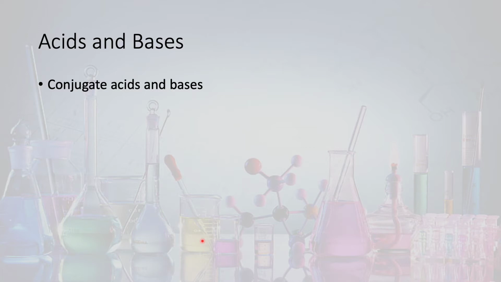So you may have noticed that when these Bronsted-Lowry acids and bases dissociate and donate protons or accept protons, they look very similar. This is because these molecules form conjugate acids and bases when they either accept protons or donate protons.